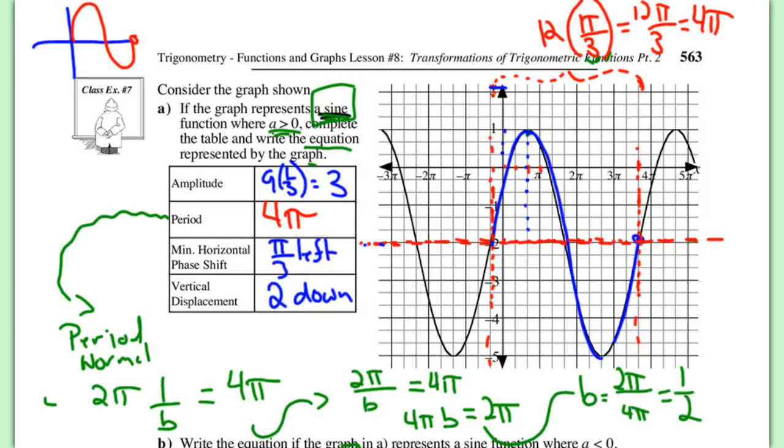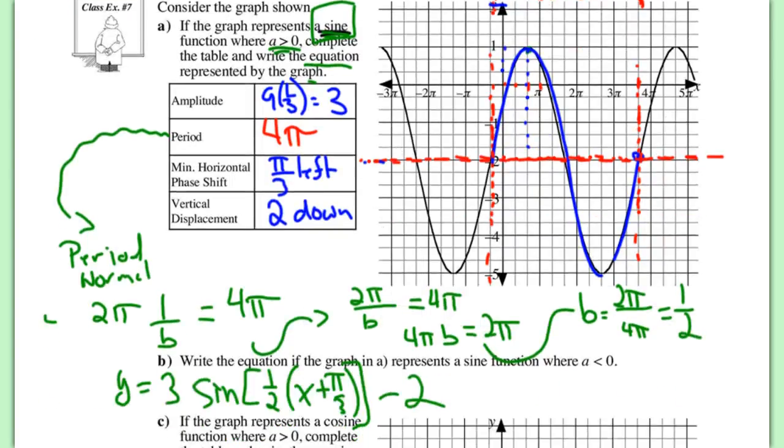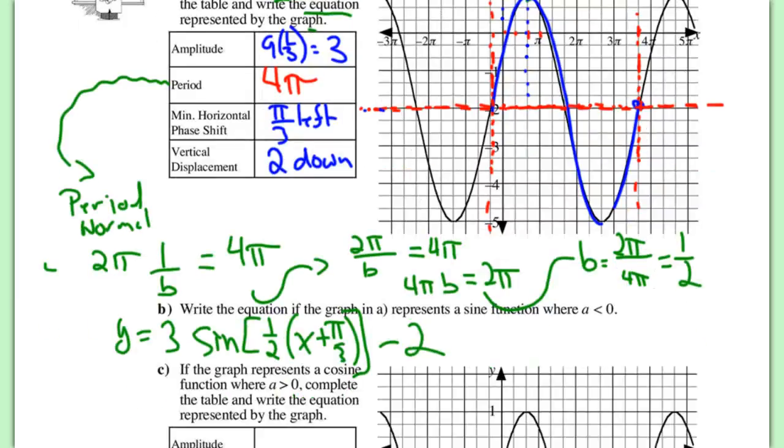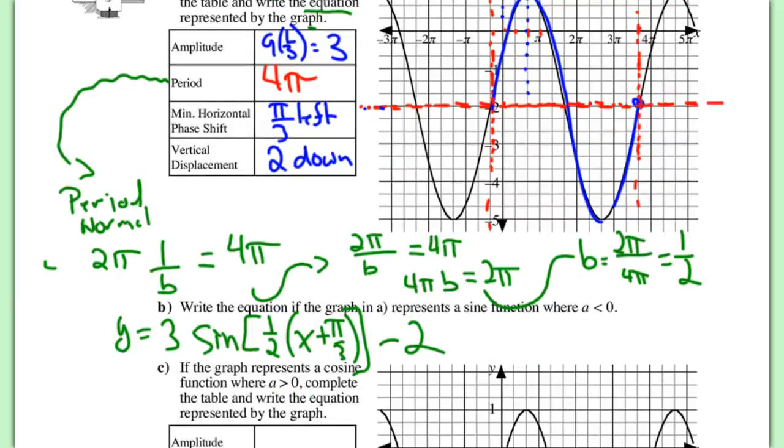Okay? And therefore, the equation of this is equal to 3 times the sine of 1/2 x plus pi over 3 minus 2. Okay? And don't forget, you have to write the b value factored out. I'm going to emphasize that again. You have to write it outside.